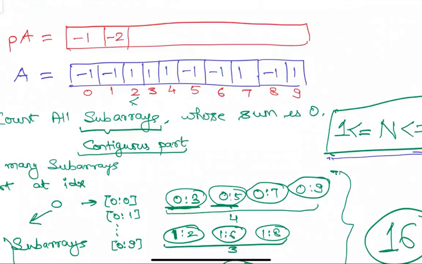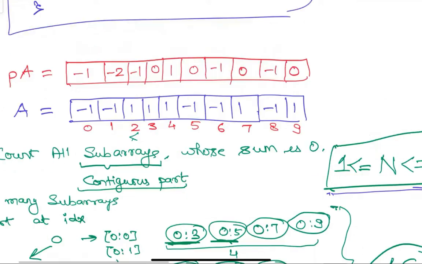Index 2? Minus 1. Index 3? 0. Index 4? Minus 1. Index 5? 0. Index 6? Minus 1. Index 7? 0. Index 8? Minus 1. Index 9? 0.